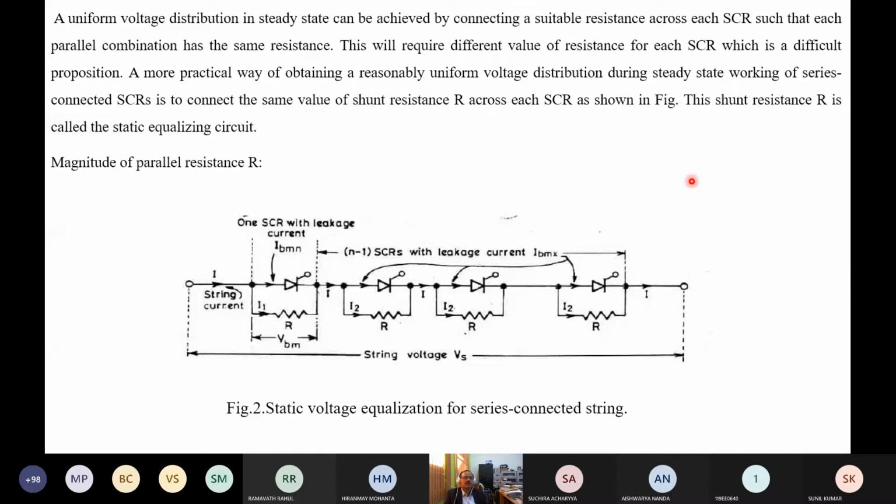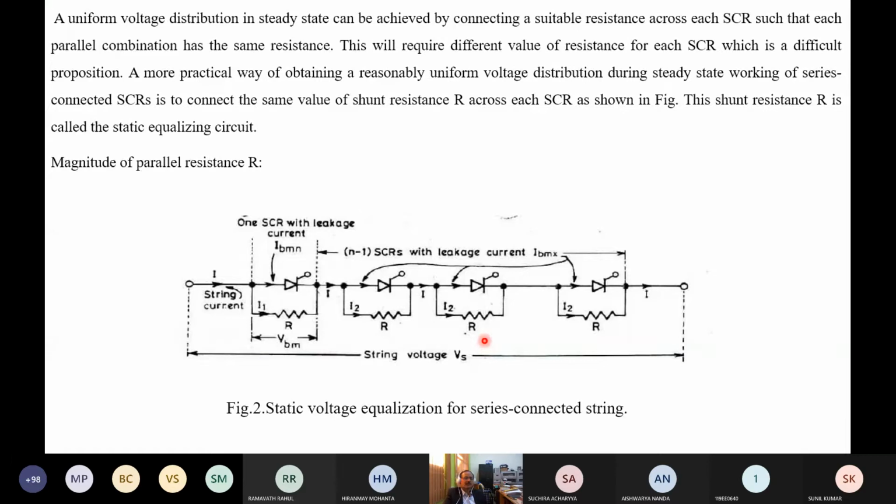The easiest way is to connect resistances of different values across each SCR so that the equivalent parallel resistance of the combination is the same for all combinations. So for R1, R2, R3, R4, the parallel equivalent resistance of each combination will be the same. Then the voltage distribution will be equal.